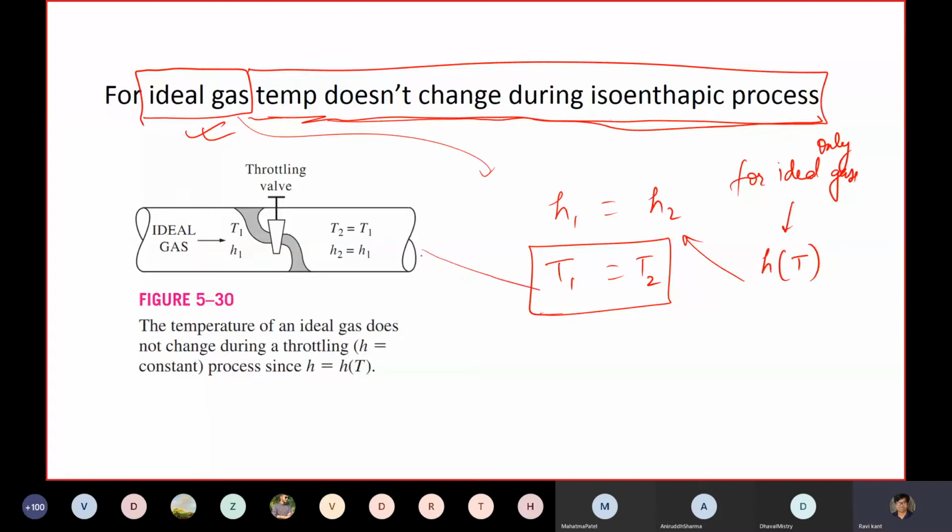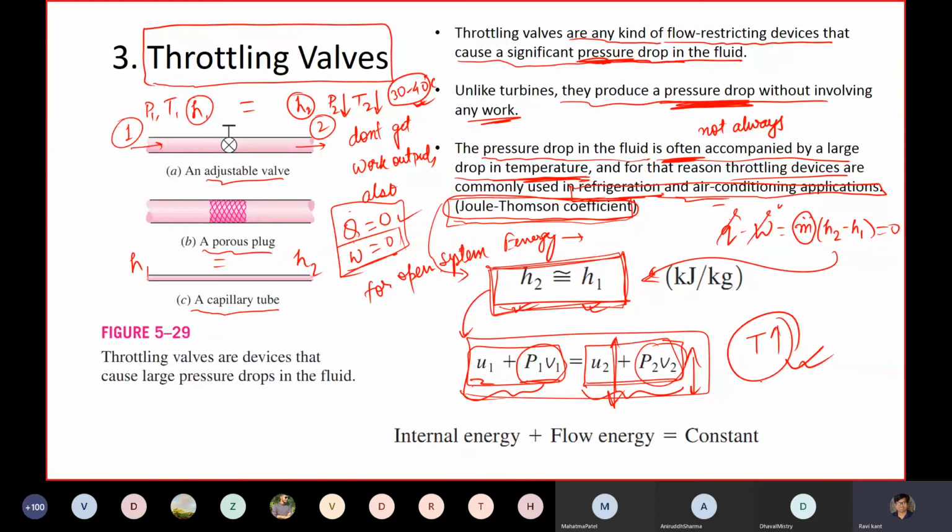So for ideal gases, this expression also has a strong implication on devices. But if it is not ideal, it would certainly undergo some sort of temperature change, and we can actually make some positive or advantageous work out of it, or advantageous refrigeration out of it.